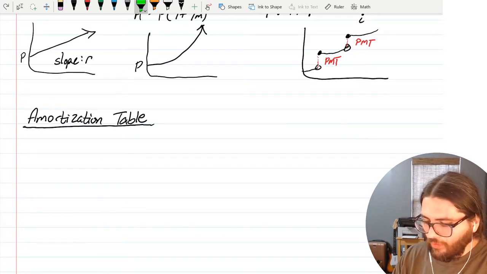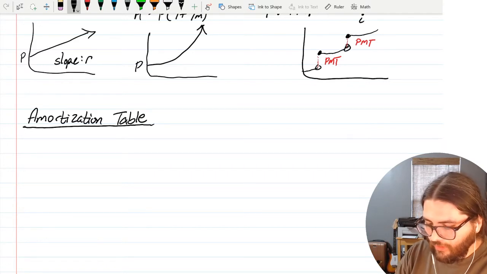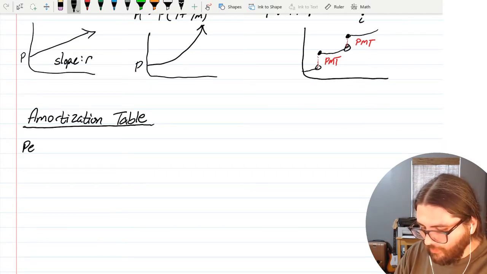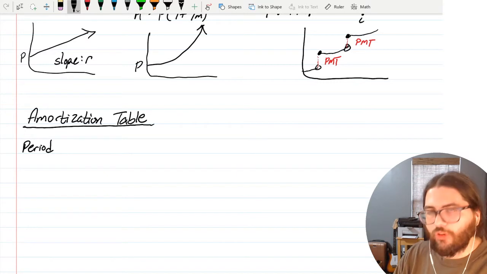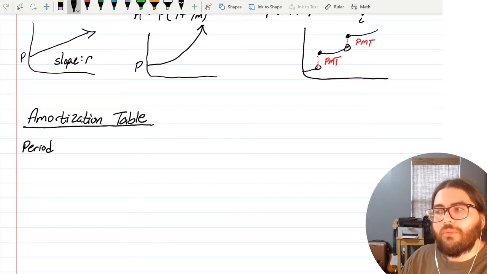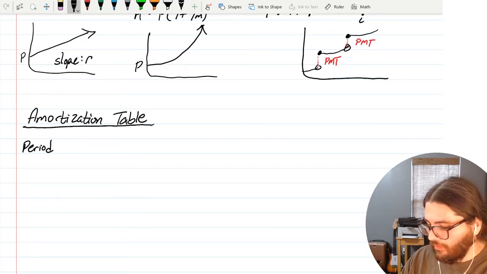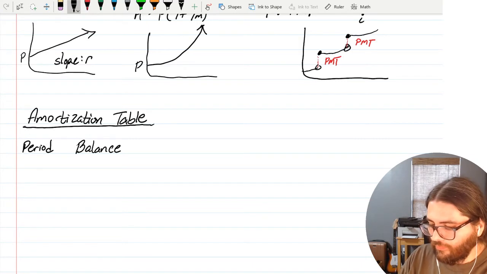And so what this table is going to do is keep track of your payments, how many payments that you make. Sometimes this is called the payment number, sometimes it's called the period number. Anyway, it's keeping track of how many periods or how far into the future you are. It keeps track of your balance, your payment.